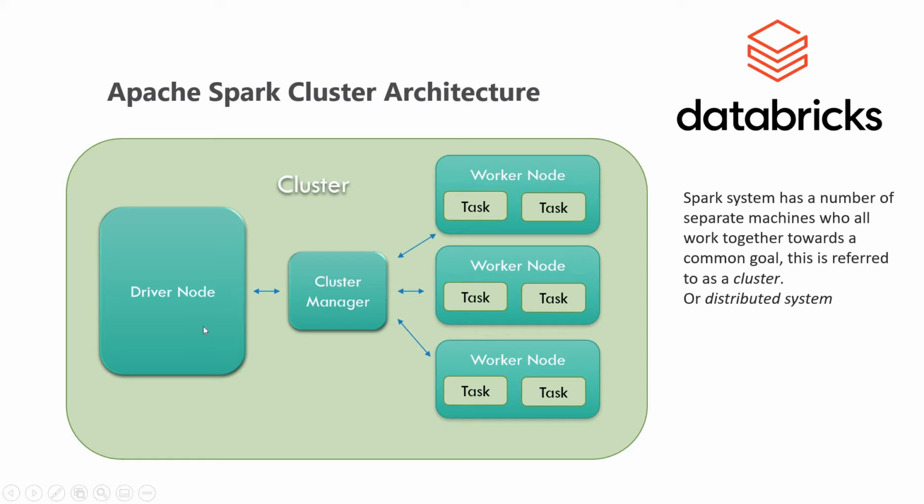It will manage the work which is distributed across the cluster as well as what machines are available throughout the cluster lifetime. And if you see the cluster manager, the driver node talks to the cluster manager to negotiate the resources. Directly, it doesn't deal with the worker node. The cluster manager manages this distribution task.